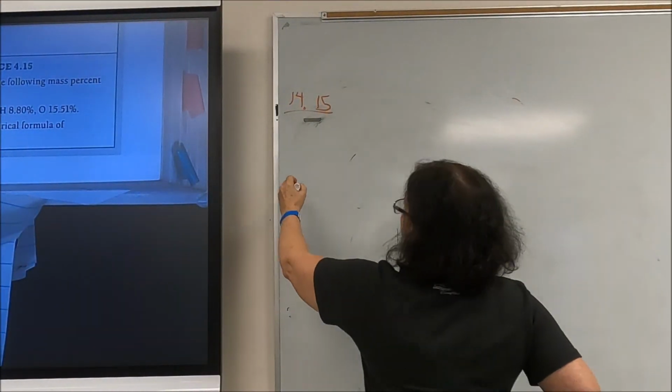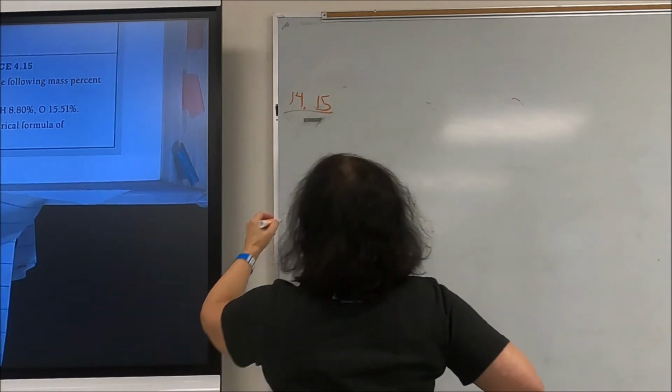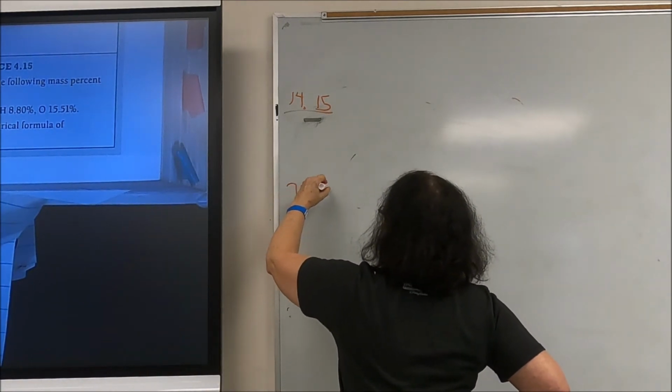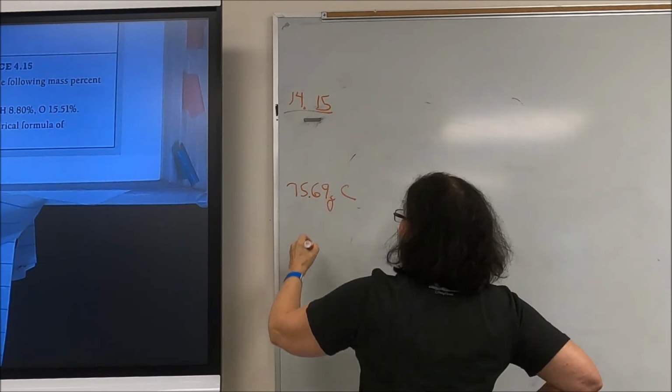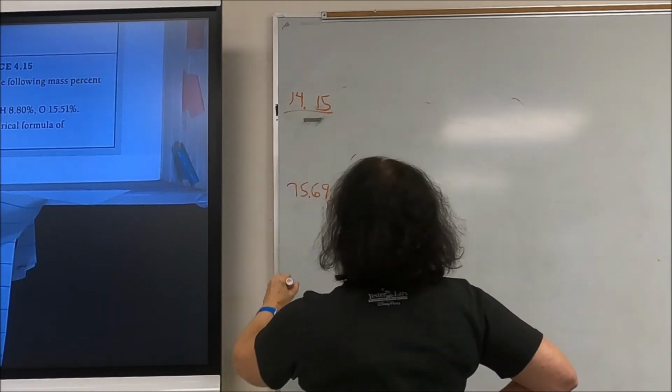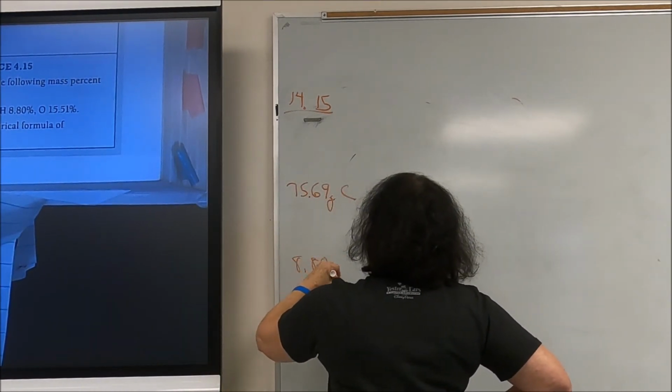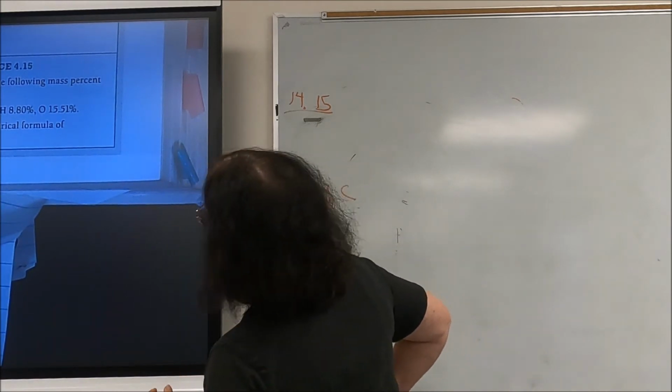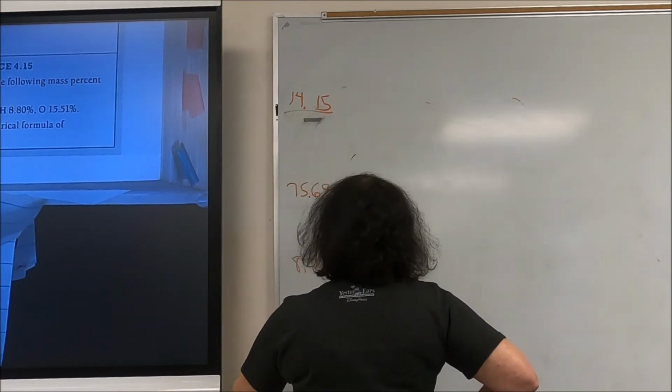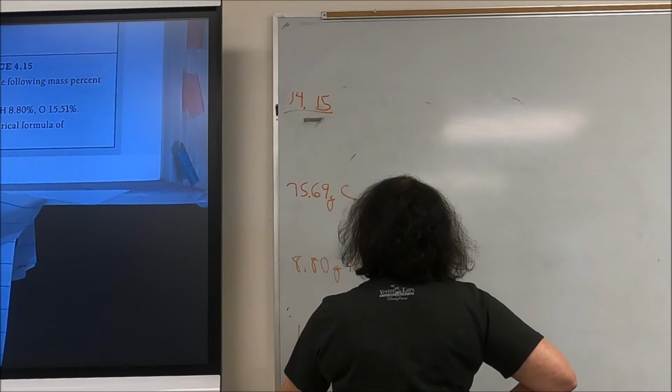Okay, so we've got 75.69 grams of carbon. We've got 8.80 grams of hydrogen. And we've got 15.51 grams of oxygen.